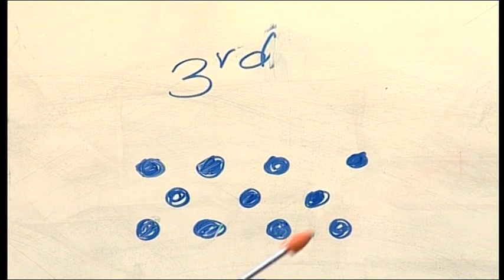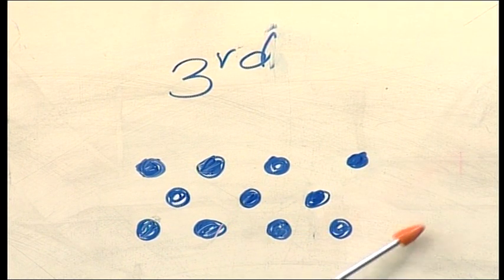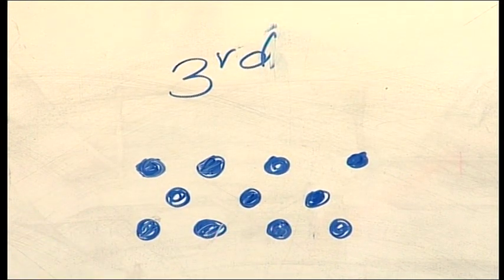And now the third term, you should have how many dots altogether? 11 dots. How about the fourth term? Who would like to do the fourth term for us? Okay, let's have Isaac.